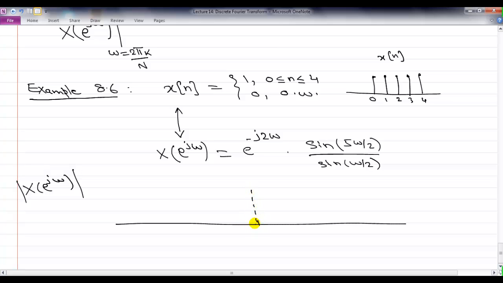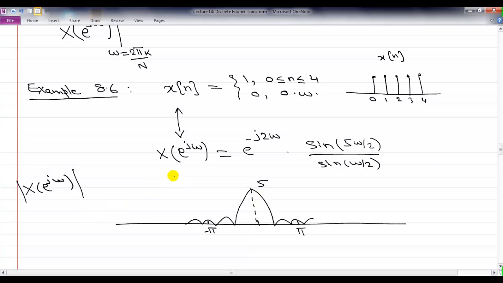So the Fourier transform is given by this expression. So here is pi. So this is minus pi, and this is pi. Okay. And the height of this thing is 5. Okay. So this is the DTFT.